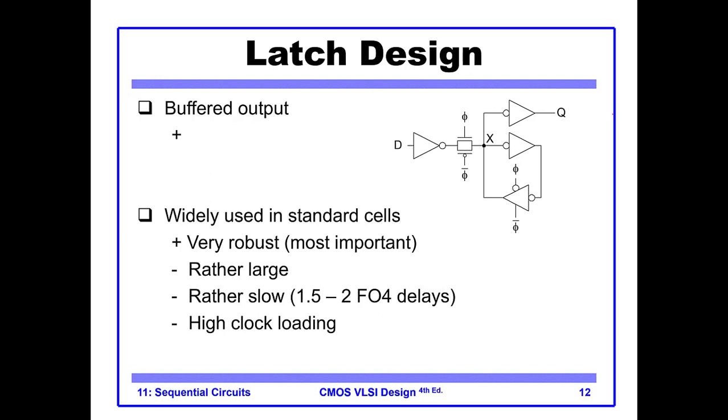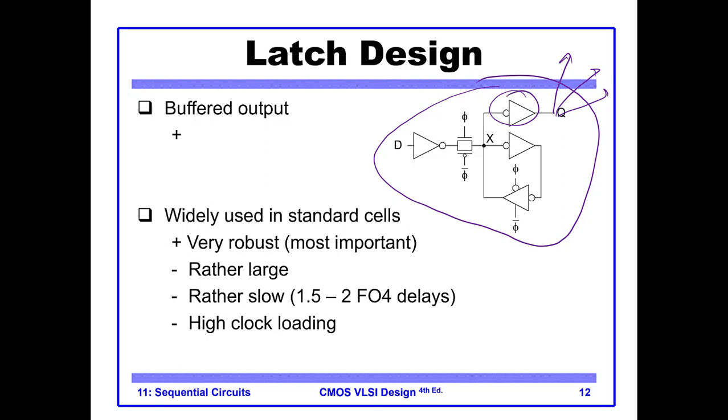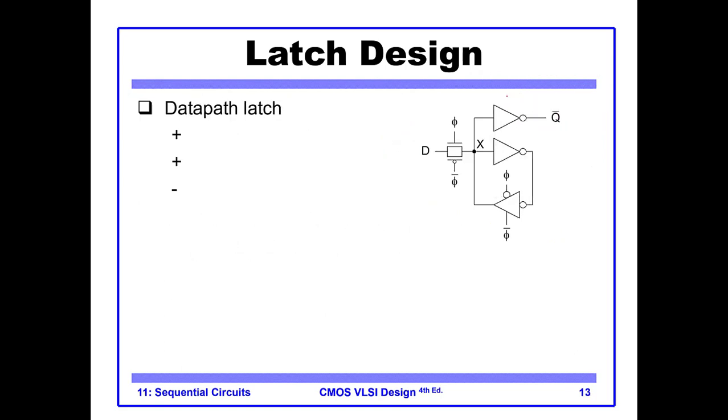If you want to increase the drive capability, so if you want to attach multiple things, multiple fan-outs, then you can add another inverter here, and this design is widely used in actual manufacturing. So this is one way you can manufacture the latch, with no back driving.